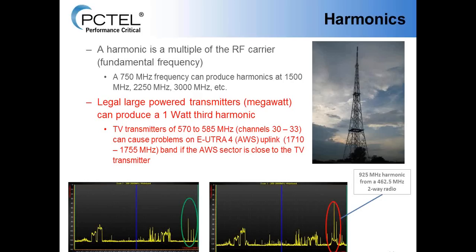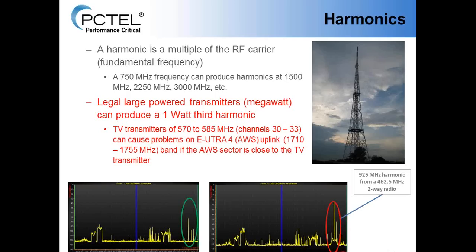Even though we have large transmitters operating at TV stations, they can cause interference, even though they're legal, through a 1 watt harmonic if you're very close to the tower.